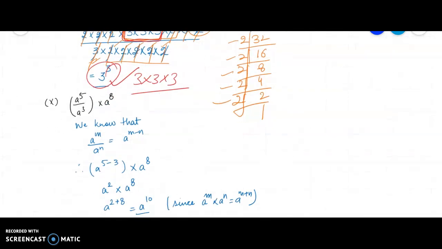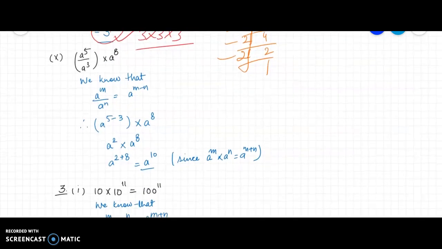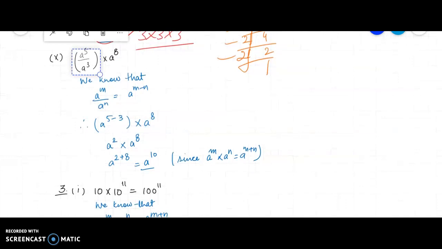Okay. Now 10th part. Here no numbers are given, but a is given as a variable, as a base. So the bases are the same. Let it be a number, let it be a variable, but see that the bases are the same. So I can apply the rules in this form also. I know that when I divide the same bases, then I can subtract their powers.